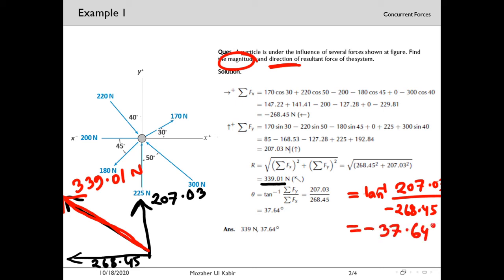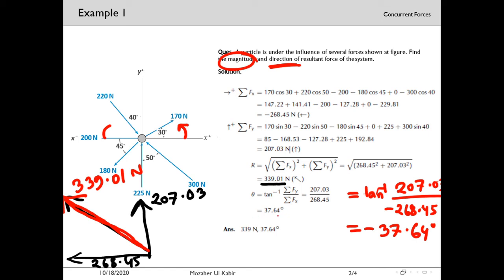So from here we will get the value as minus 37.64 degree. As the value is negative, that means we will need to start from this direction. If the value would come as positive, then we would need to start from the positive side. The angle will always be with the horizontal axis, that means with the x-axis.